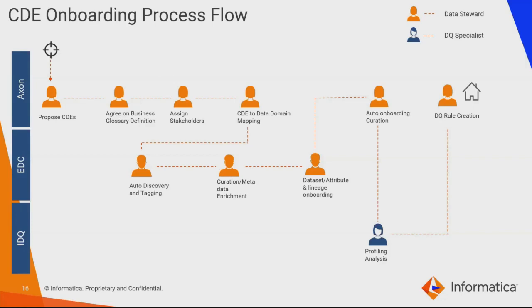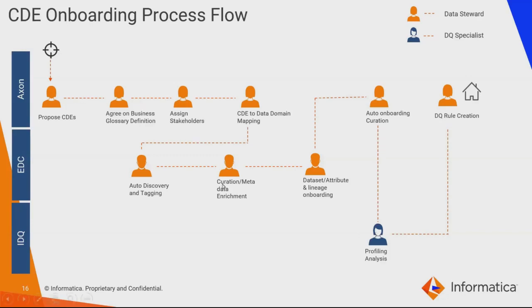Now, coming into EDC, the auto discovery and tagging functionality of EDC can help you discover where the potential occurrences of this information are, these critical data elements that you care about. So in this system, in this table, or in this file system, in this file, there's a potential social security number, there's a 70% probability.